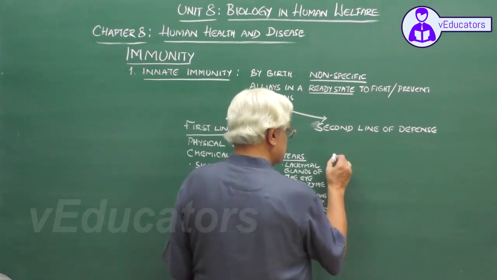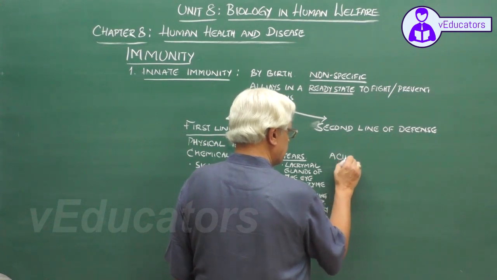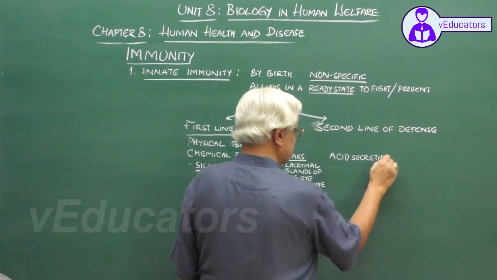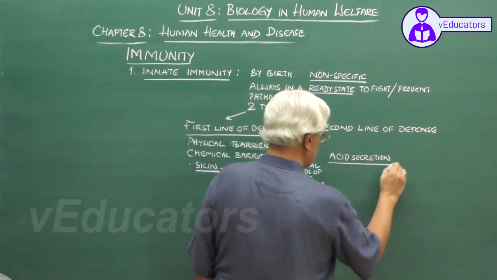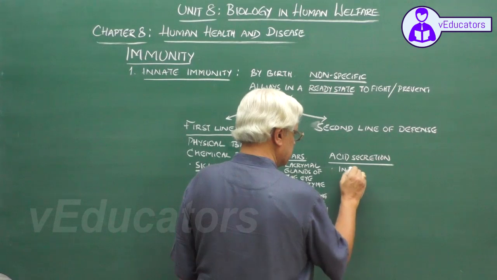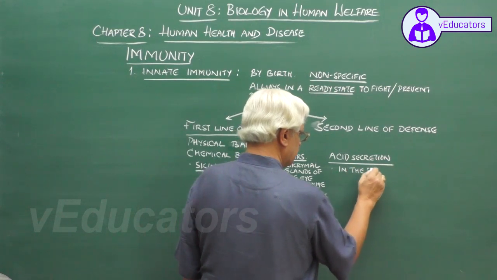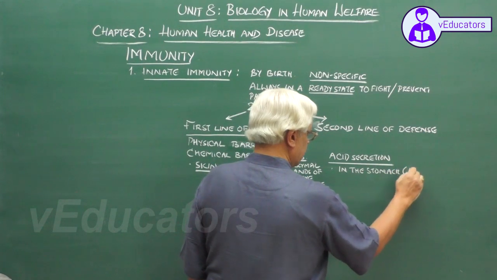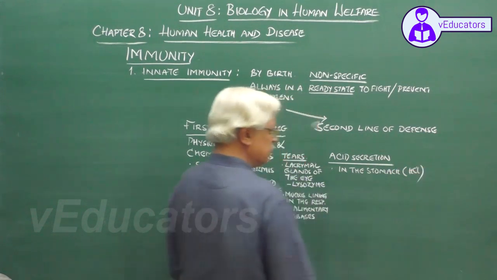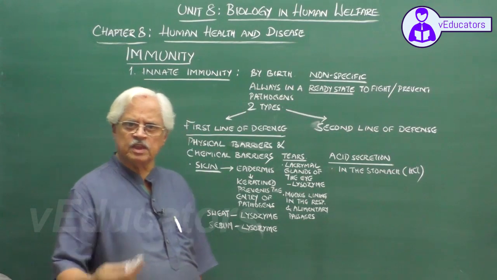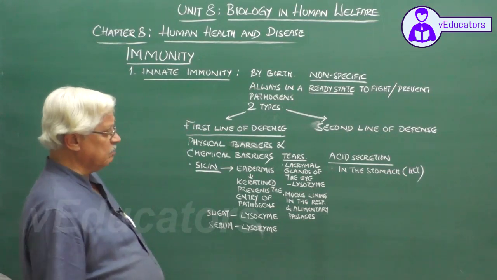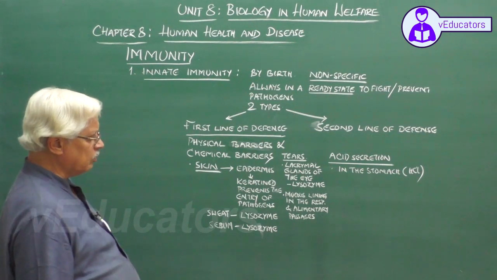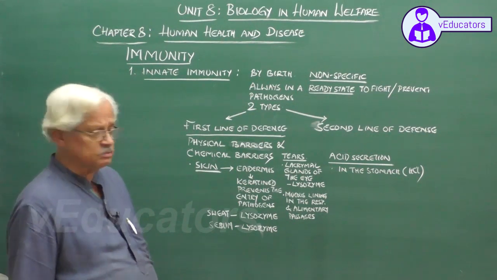In addition to this, we have acid secretion in the stomach. We know that hydrochloric acid is produced in the stomach as a part of gastric juice, and there we have described that hydrochloric acid has an important role in killing the germs.